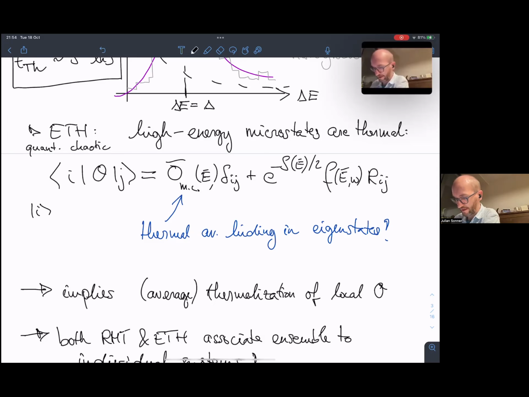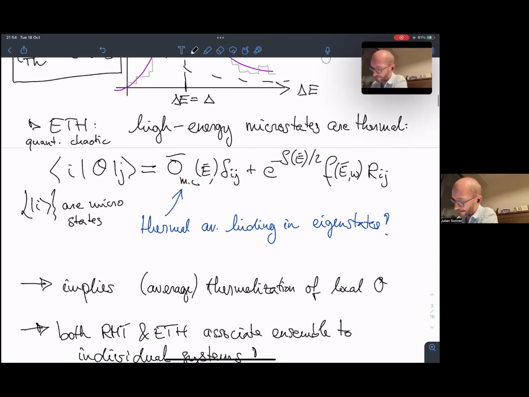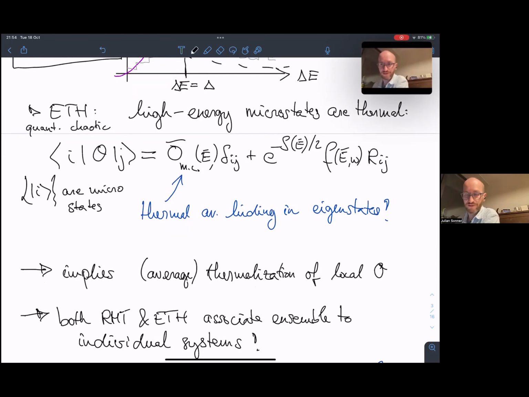Of course, the I are the microstates of our Hamiltonian or of our system. ETH is often presented, but I want to present this in a different way in just a moment. The way that it's usually presented is that we take some operator O, which is supposed to be small in some sense. It's supposed to be a probe. For example, one could say it's a local operator or an operator that only talks to a small number of degrees of freedom that doesn't scale extensively with the size of the system.